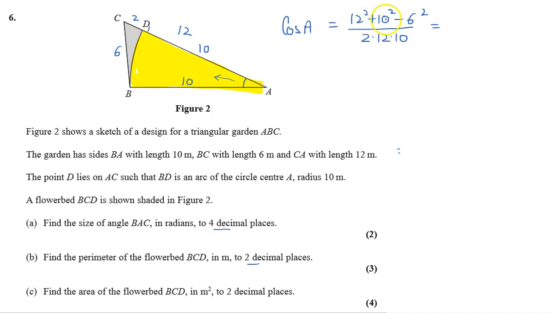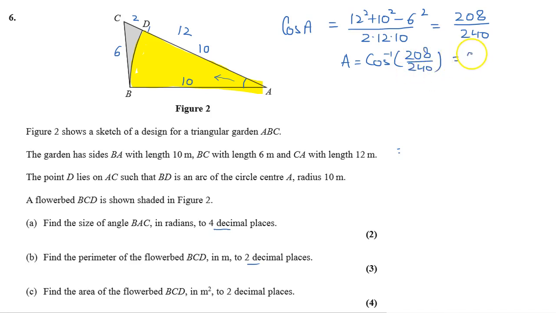So that is 144 plus 100, 244, minus 36, 208. 12 times 2 is 24, multiplied by 10 is 240. So A is equal to cos inverse of 208 over 240.